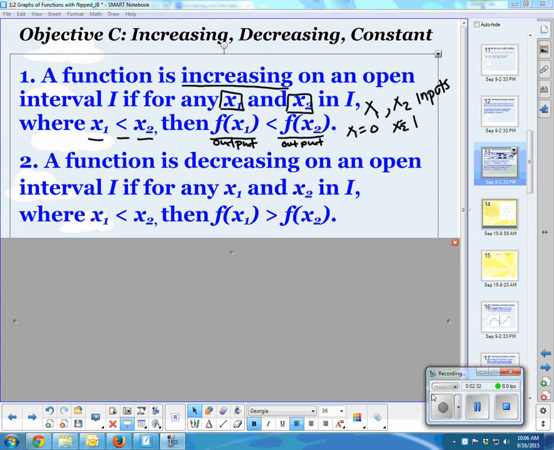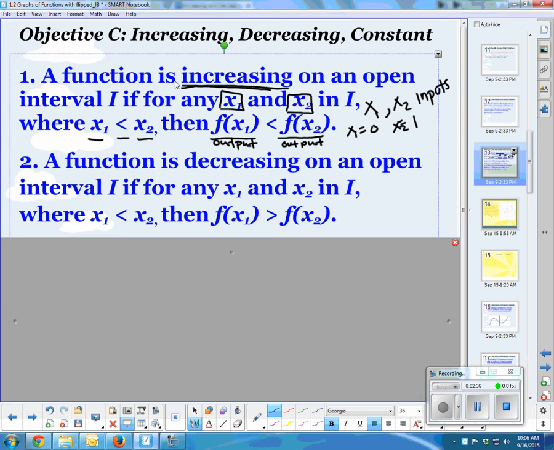In increasing, your f of x1 is smaller than your f of x2. But in decreasing, your f of x1 is bigger than your f of x2. So you're still going from left to right with your input values, but now your value is bigger and then gets smaller with the next input value.